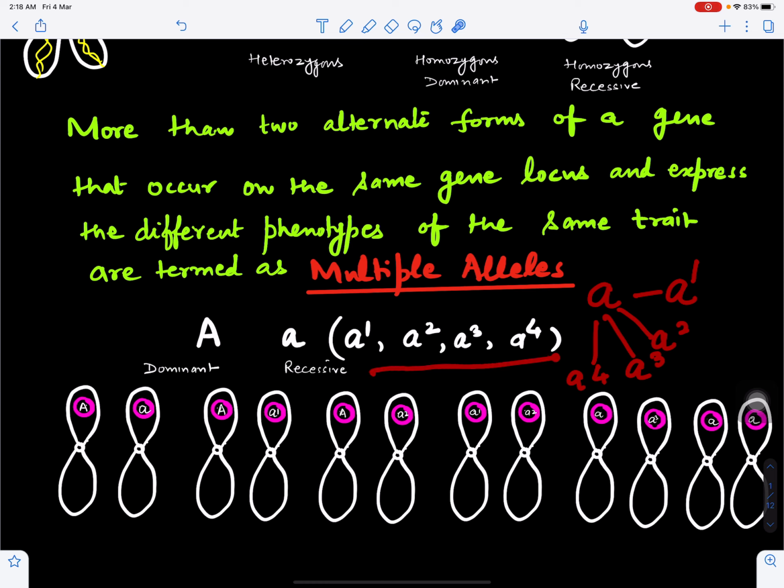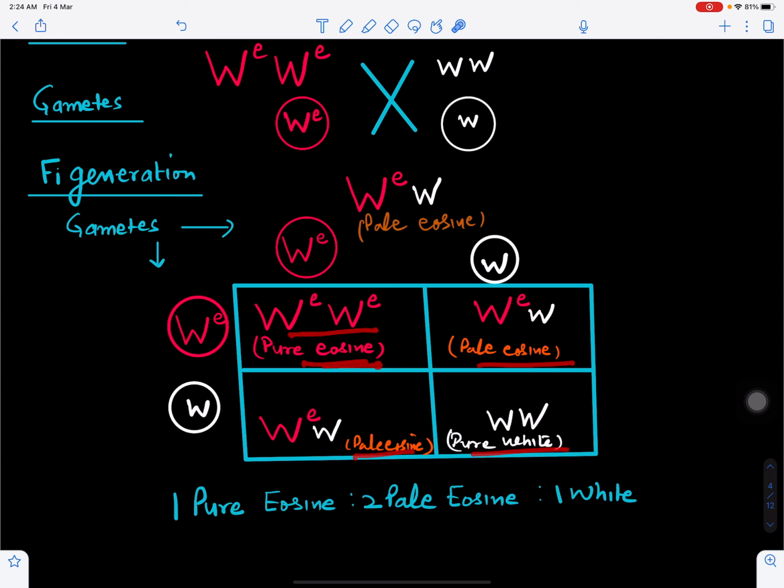These are further gametes which are produced from the F1 generation, and then they can combine and we get pure eosine, pale eosine, pale eosine, and pure white. Here both the genes are same, so this is showing pure eosine color, and here only one is recessive, the second is eosine color, so this is pale eosine.